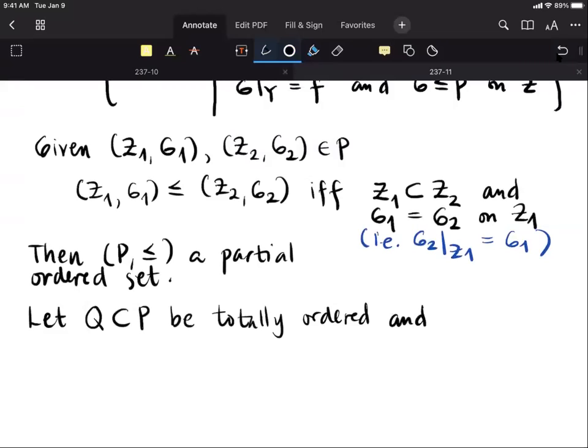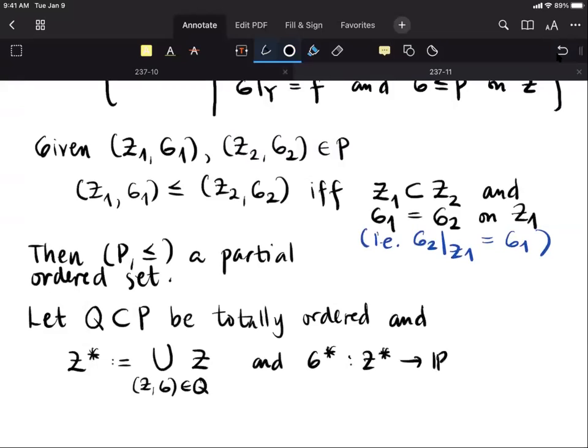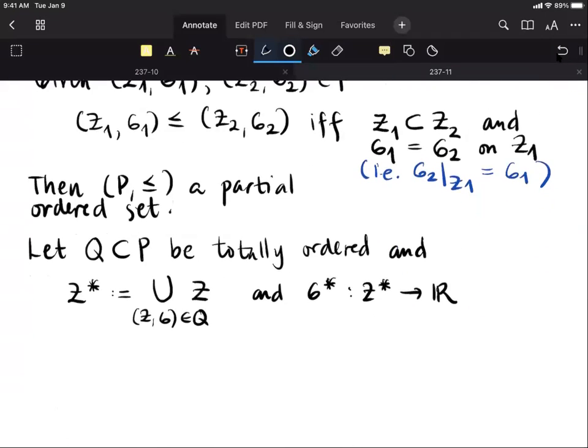A candidate upper bound would be the following. We define Z star to be the union of all subspaces Z, wherein the pair Z, G is in Q. So you take all subspaces in Q, and let us define G star from Z star to R as follows.